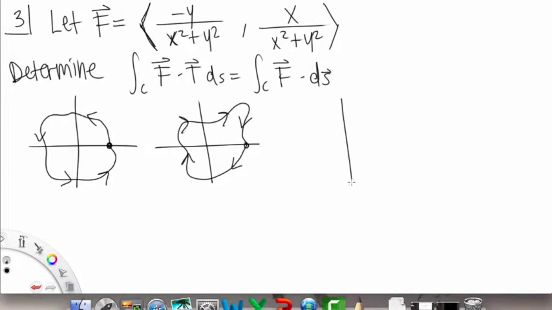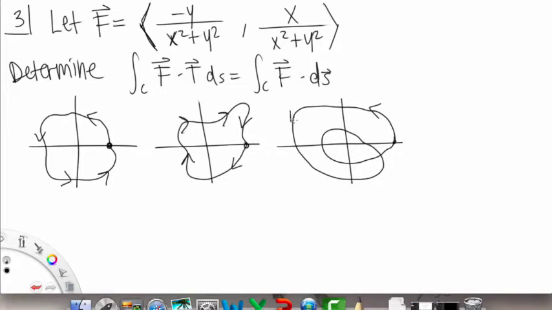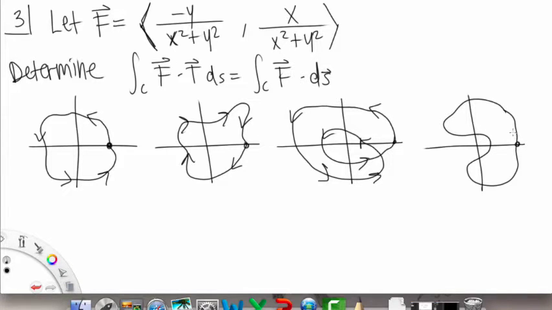Then we'll have something that looks like this: something here, then it goes in and comes back around, and we're going to travel the curve this way. And then our last one's going to look something like that.